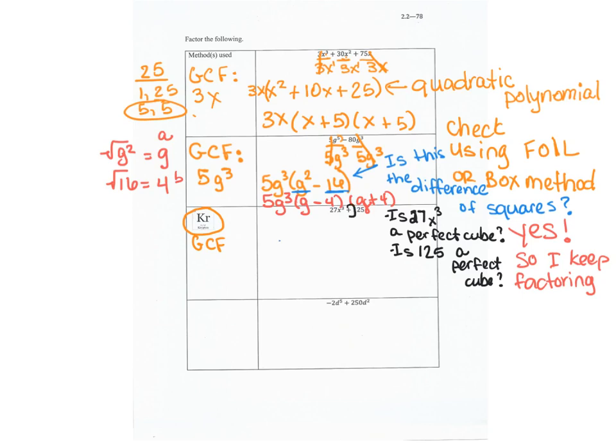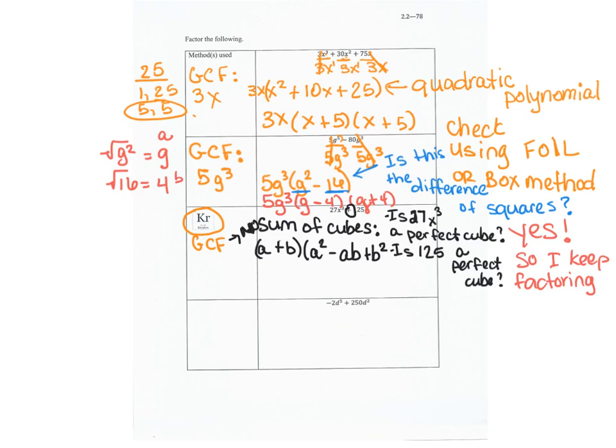There's a plus sign right here, so that means this is the sum of cubes. Well, there's a formula that goes with this. The formula is A plus B in parentheses, and then A squared minus A times B plus B squared. So there is no greatest common factor.